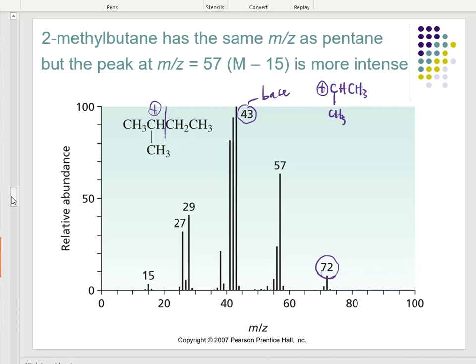I just flipped it around on you. That's all that it did. But there's my base peak. Well, if that happens, then this 2-carbon piece, that's a 12 and a 12, which is 24, 25, 26, 27, 28, and 29. I now know where that 29 comes from. This is a CH2, CH3 with a positive.